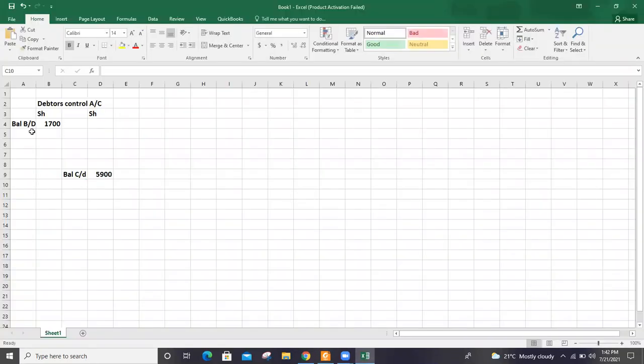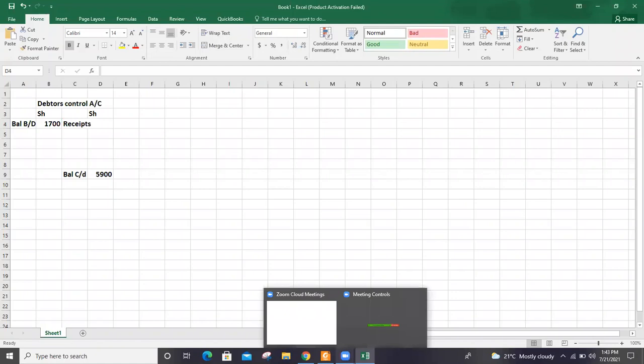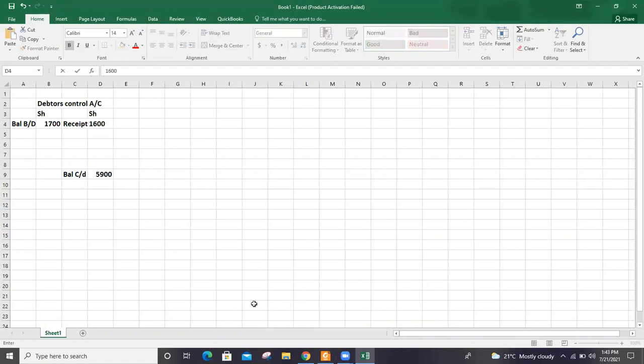Note number 4 is giving us the receipts. So receipts, we debit the bank, we credit this account. Receipts are 1,600. Any other thing affecting our debtors?